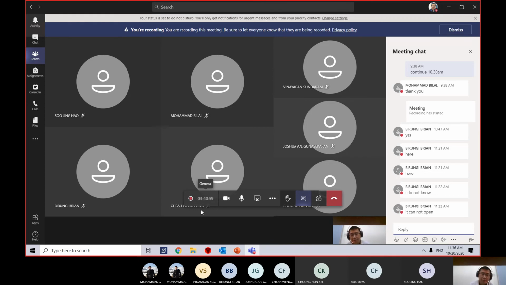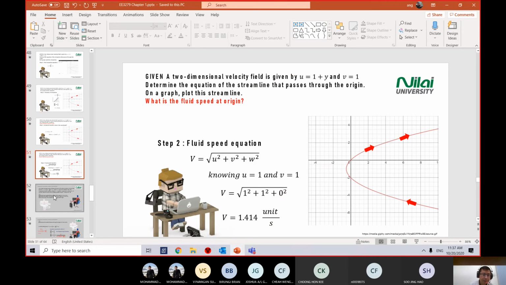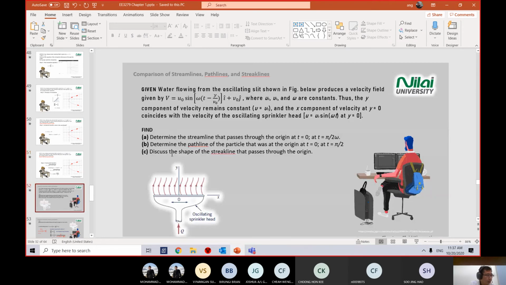If you look at question 16 on the tutorial question, it asks you, given water flowing through an oscillating slit, given the velocity vector so and so. Don't be scared by the equation. Just stick to the principle and the procedure that I taught you just now. Put the equation in x, y, z components, and then see what the question wants you to do.